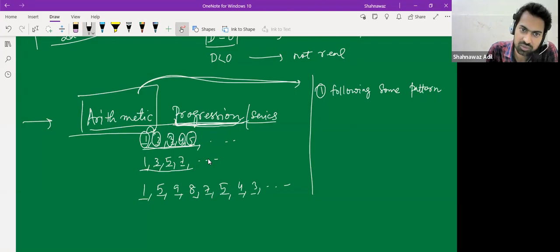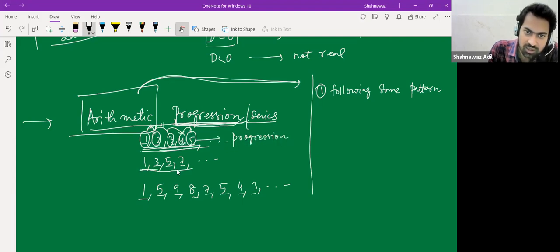Plus one. So all the successive numbers are one more than the previous one. The difference between successive terms is one. So these are following some pattern, and this is some progression.